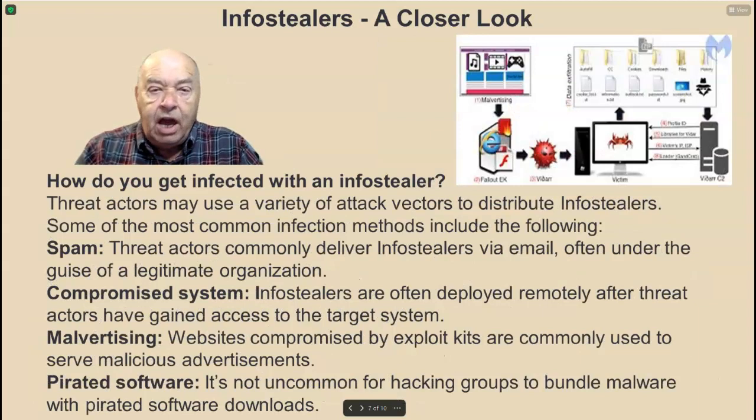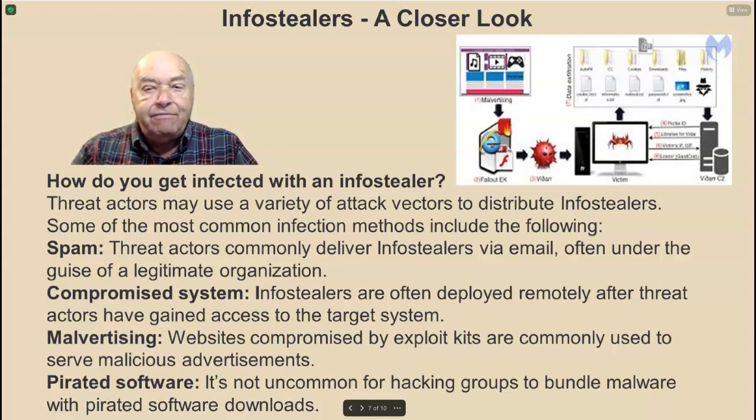You might be wondering, how do you get infected with an infostealer? Threat actors may use a variety of attack vectors to distribute infostealers. Some of the most common infection methods include the following. Spam: threat actors commonly deliver infostealers via email, often under the guise of a legitimate organization.